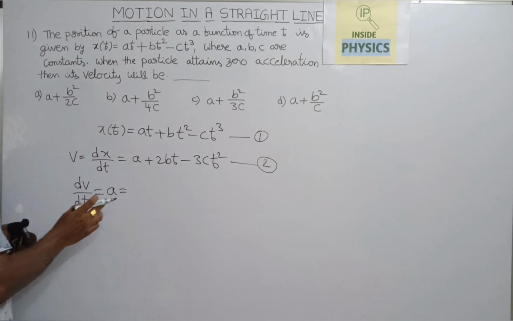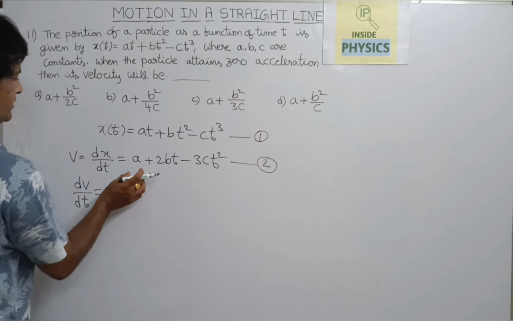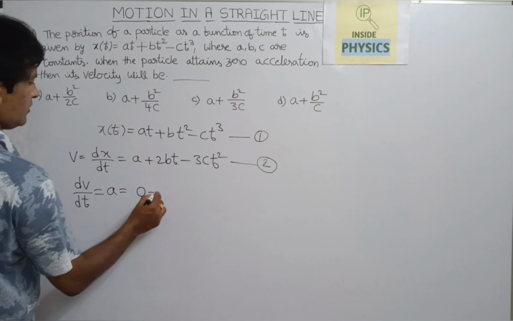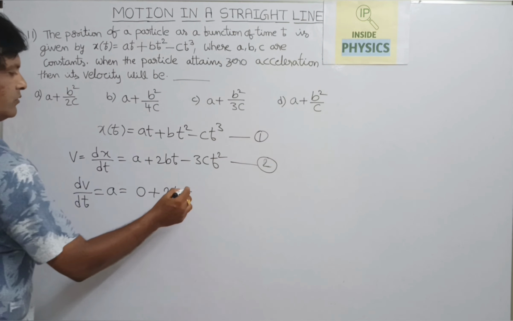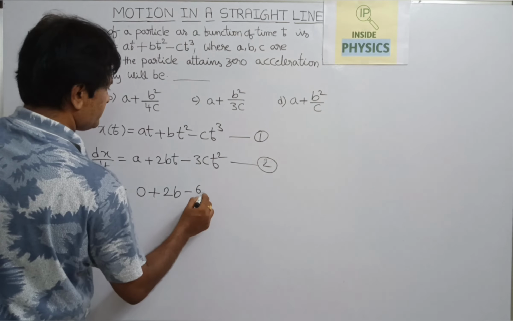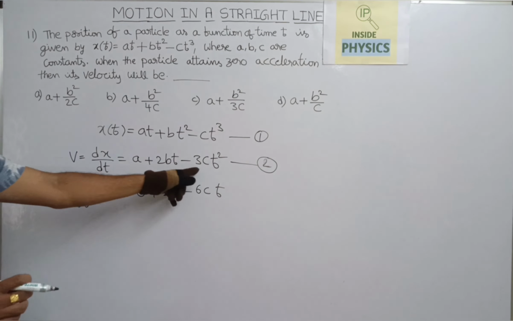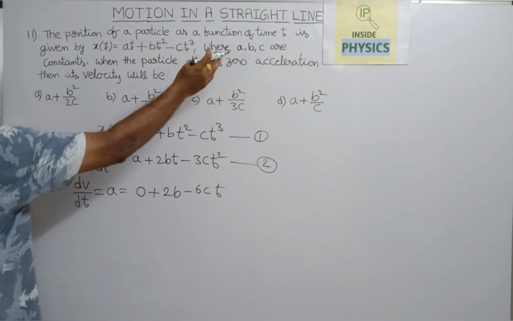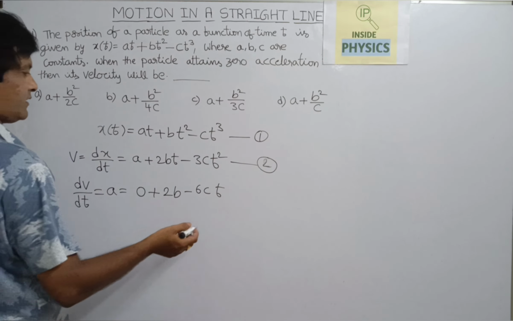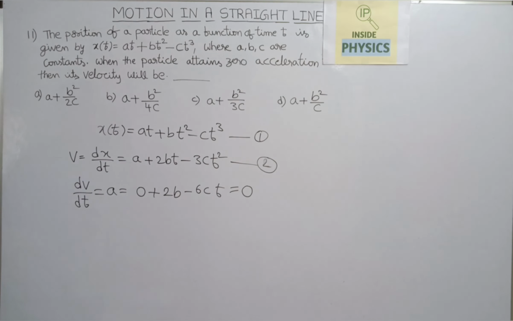Differentiation of a constant is 0, plus 2b minus 6ct. Here the condition is acceleration is 0, so this is equal to 0.